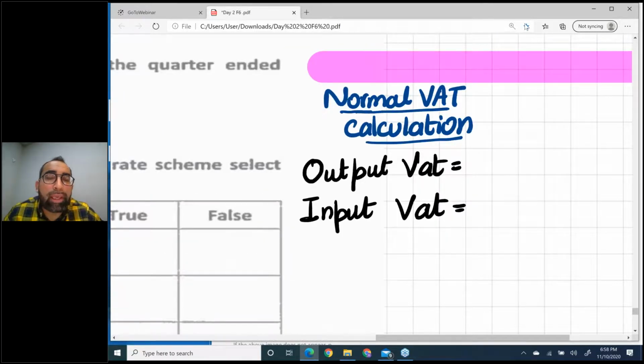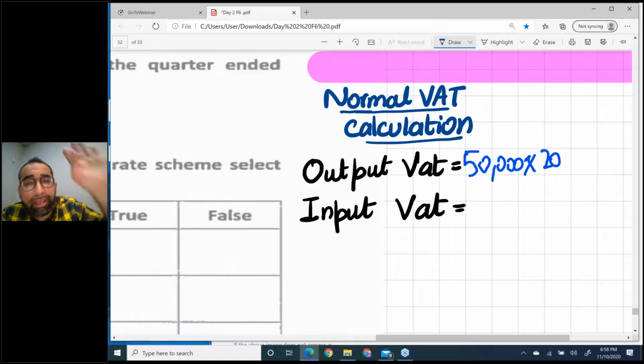In normal life, you have to collect output VAT from customers when you do standard rated sales. Exempt sales does not qualify for any output VAT. Hope you remember I taught you, right? So how much is your output VAT? You have standard rated sales of 50,000, and for standard rated sales we have to calculate output VAT. They have written inclusive, so for inclusive, you write 20 upon 120.